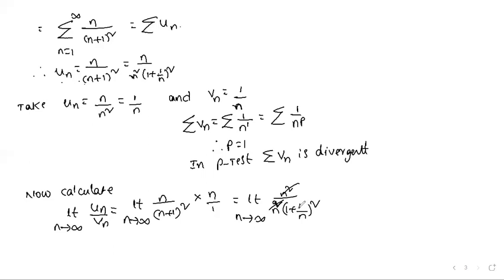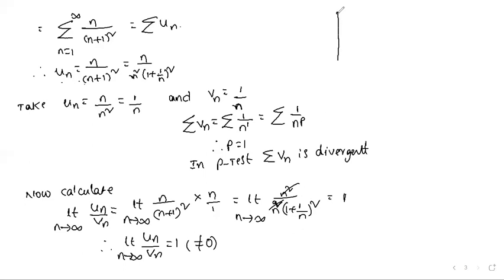So these are cancelled. We can apply the limit for this, 1 by 1, that is equal to 1. Therefore, limit n tends to infinity un by vn is equal to 1, which is not equal to 0, a finite number.